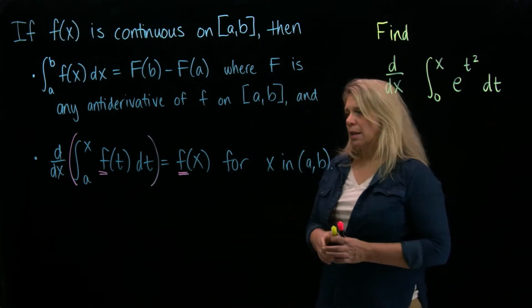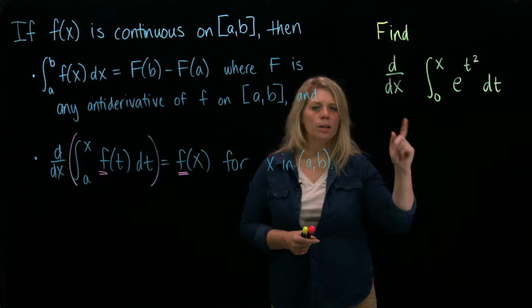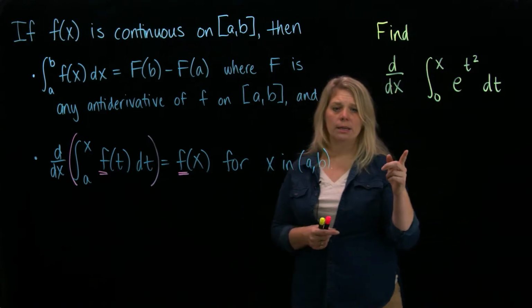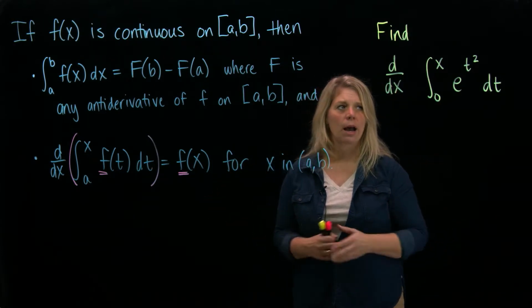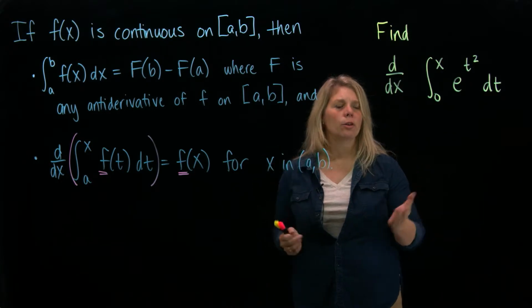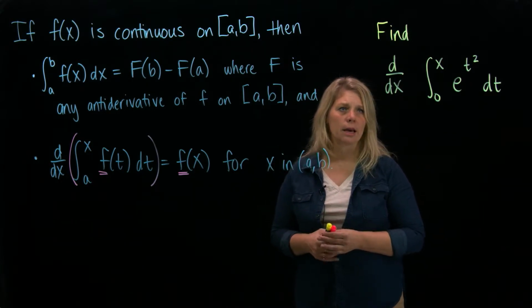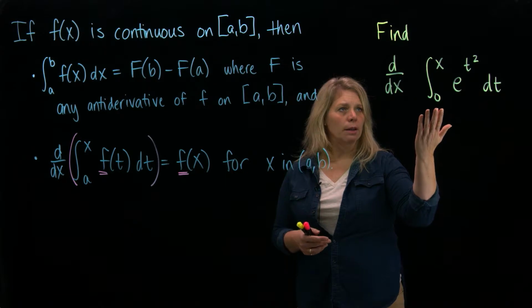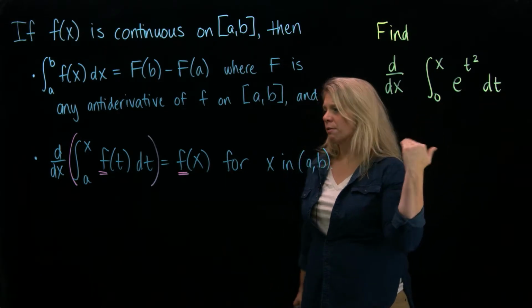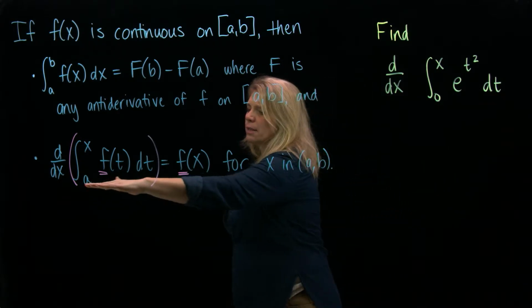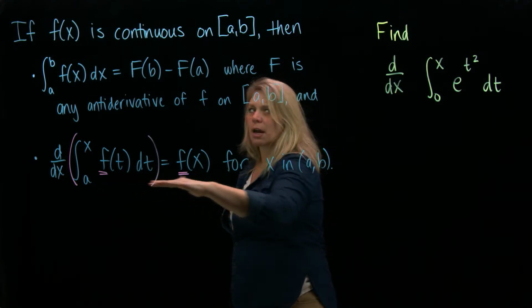Okay, so we're going to use that theorem on this problem, and these problems often seem so easy that students don't understand why they're even doing this or what it is telling them. But for this one in particular, this is really just a direct application of this second part of the fundamental theorem of calculus.